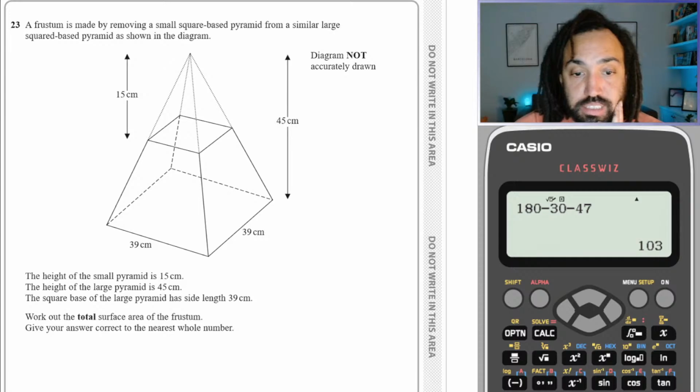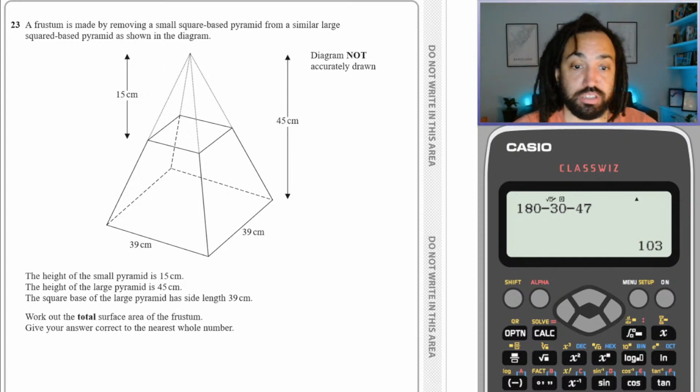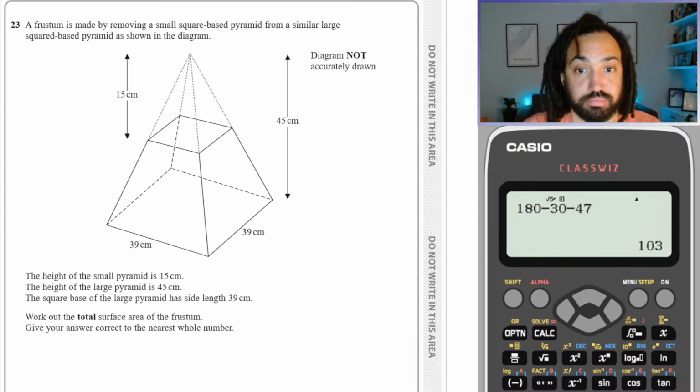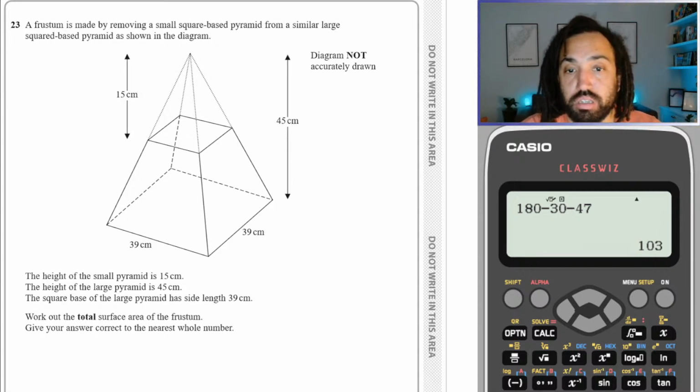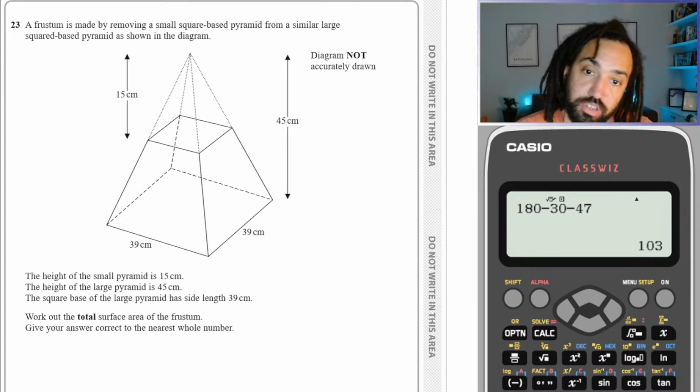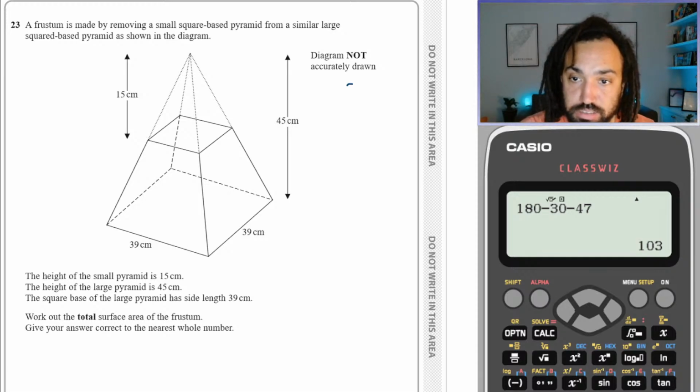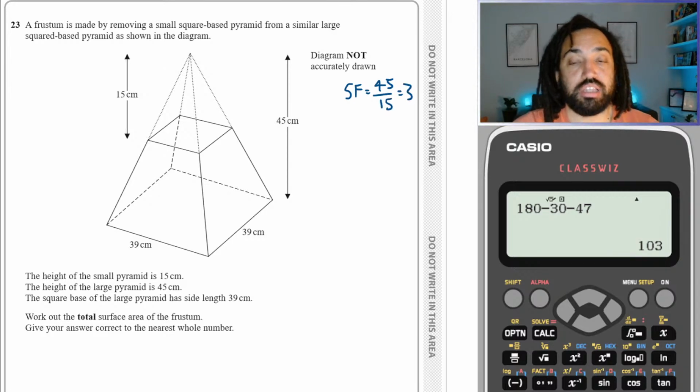And it says, basically, just work out the surface area of the frustum. Well, the first thing I'm going to think about is what's the scale factor. We can see the scale factor is 45 over 15, so it's 3.